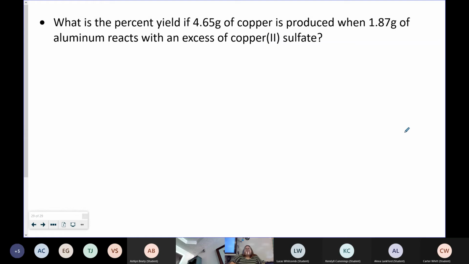So we want to know, what is the percent yield if 4.65 grams of copper is produced when 1.87 grams of aluminum reacts with an excess of copper(II) sulfate? So I'm going to go ahead and write our reaction out.